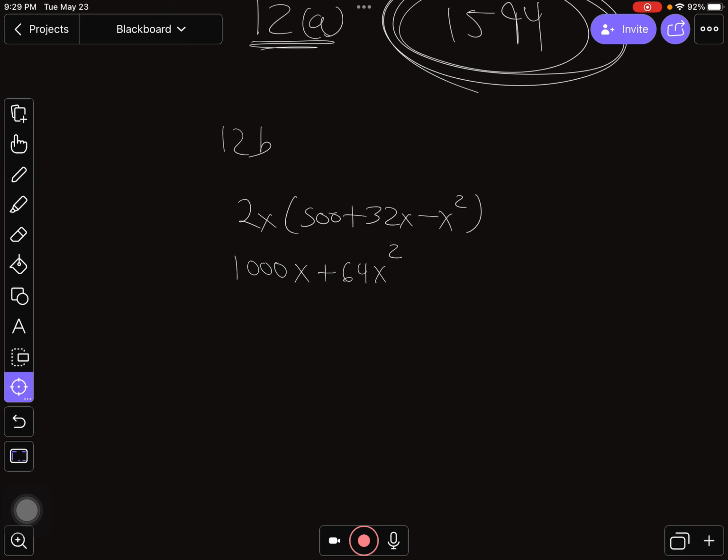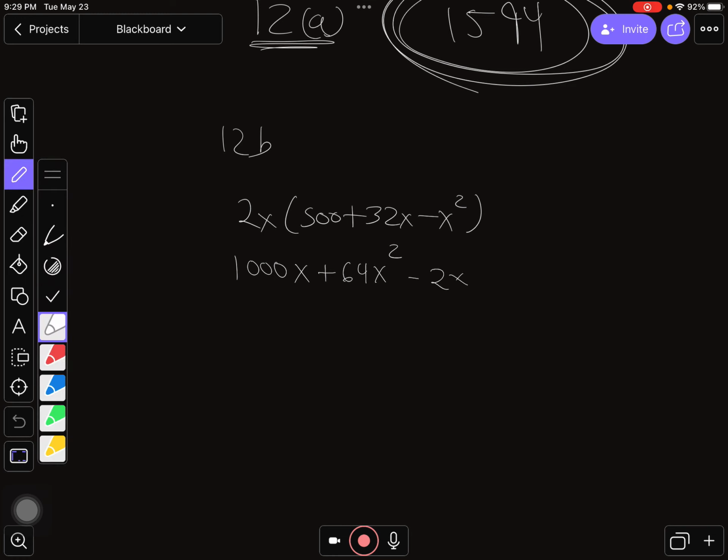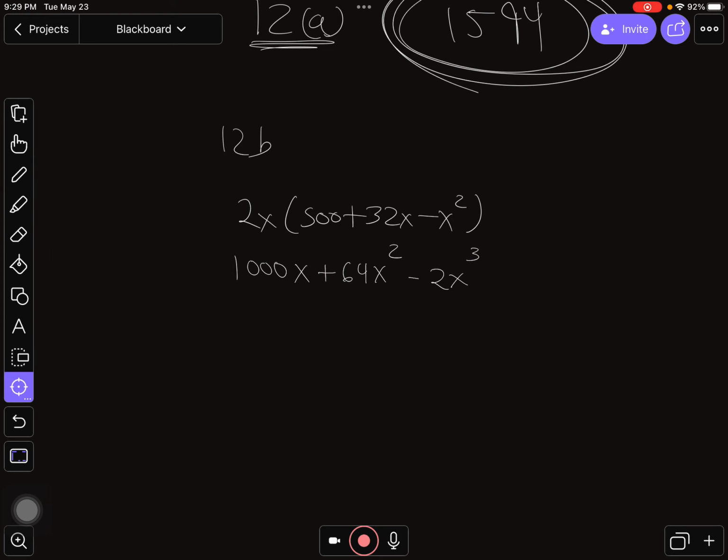Then 2x times x squared is going to be 2x cubed, so it's going to be minus 2x cubed. All I did is distribute the 2x, because that makes finding the derivative easier. And now I'm going to take the derivative.